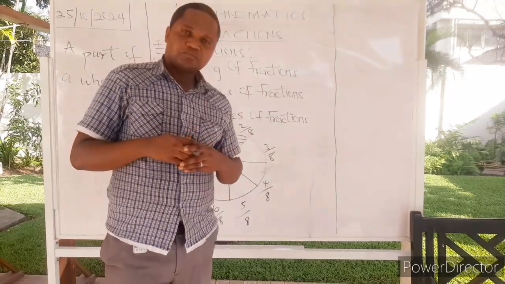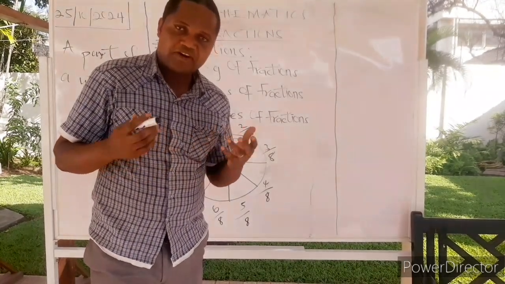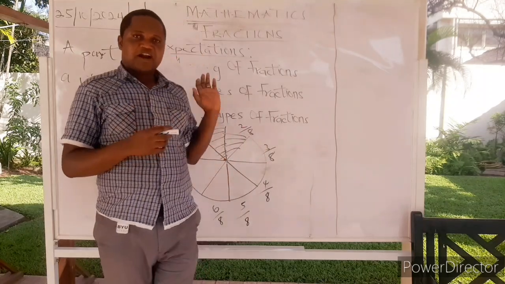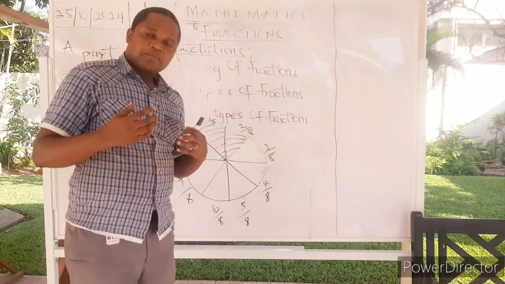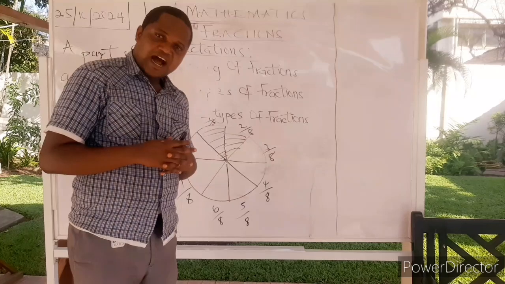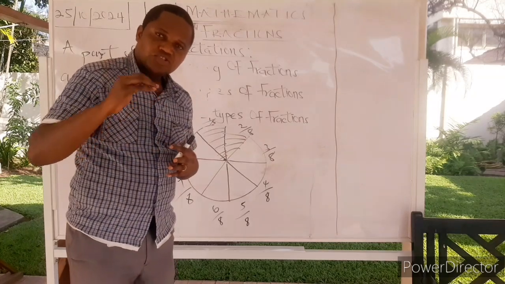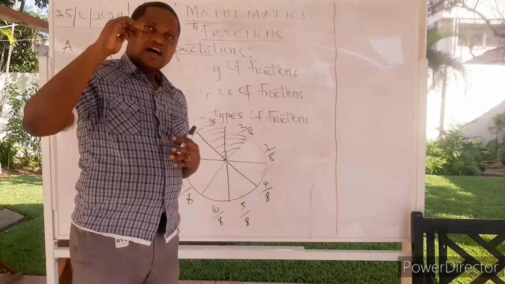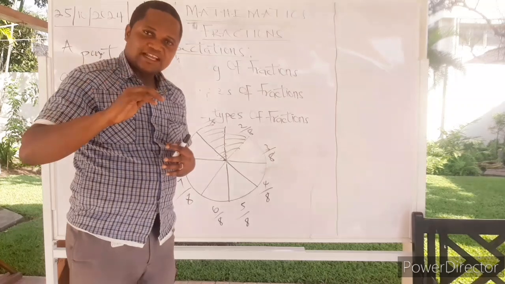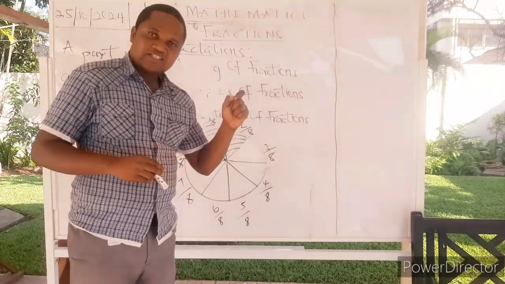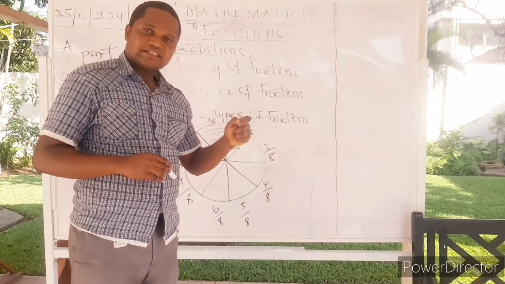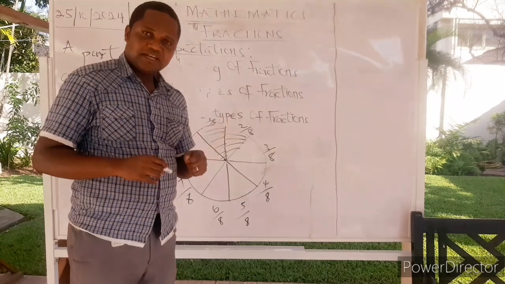So we have what we call proper fractions. Proper fractions are fractions whose numerators are less than the denominators.